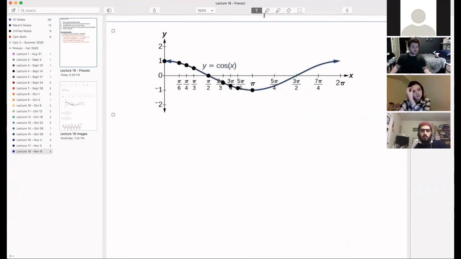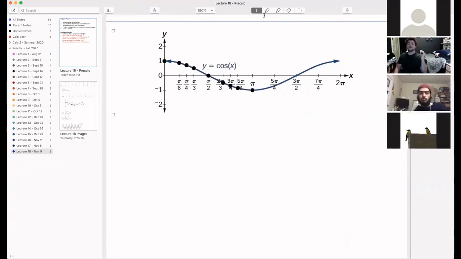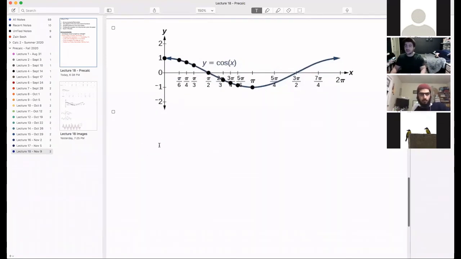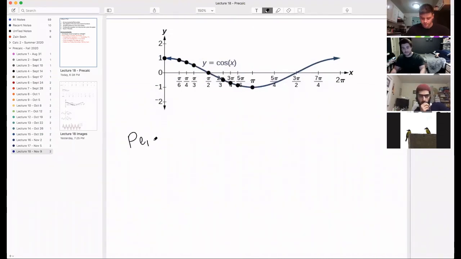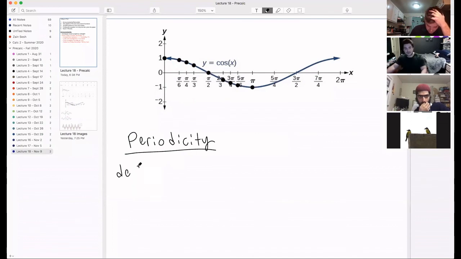Okay, so the next thing we'll talk about is periodicity. This was this period word that I kept alluding to earlier. So periodicity. This is a very nice definition.